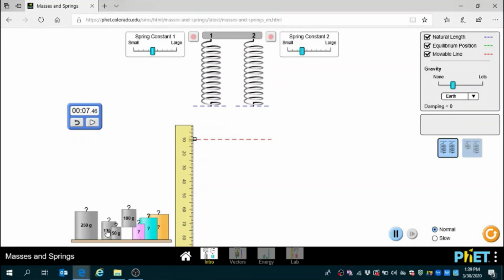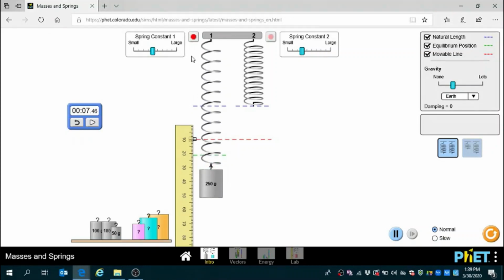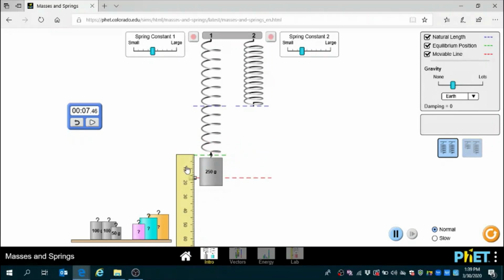So we're going to swap the 100-gram mass out for a 250-gram mass. We let it come to equilibrium for a second. Its equilibrium position is even lower, so we're going to have to stretch it 10 centimeters below that point, just to keep things regular.